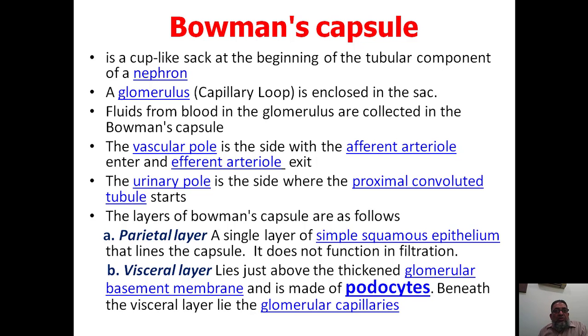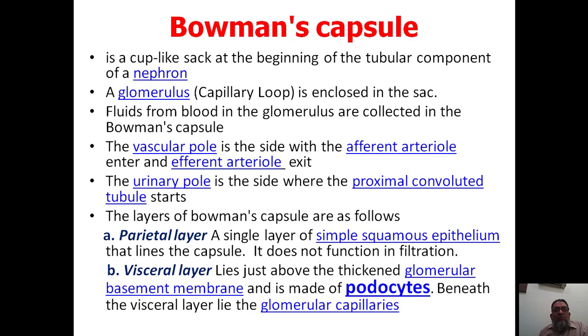Now the Bowman capsule is a cup-shaped sac at the beginning of the tubular component of a nephron. The glomerulus capillary loop is from the afferent arteriole and collected within the Bowman capsule. The vascular pole is the side where the afferent arteriole enters and the efferent arteriole exits.